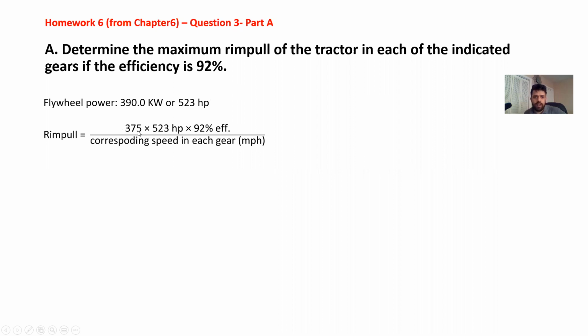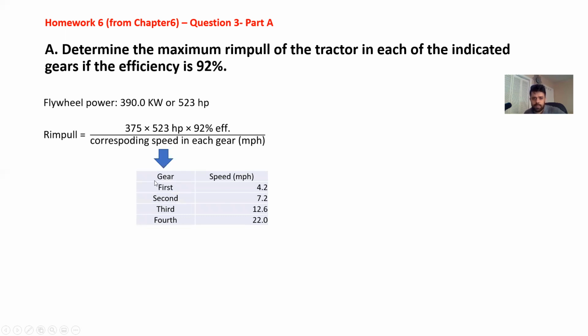And 375 is the constant. 92% is the efficiency, also given. And the corresponding speed in each gear is given in a table. Okay, so this is the table that tells us the speed in each gear.